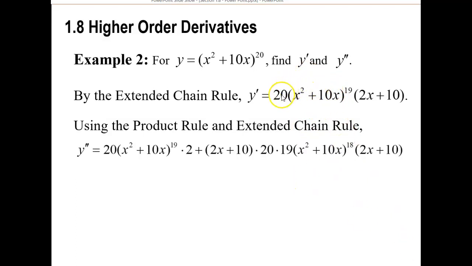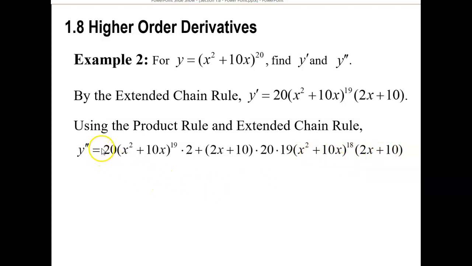So our first function, 20 times x squared plus 10x to the 19th, we leave that like it is, times the derivative of the second function, which is 2, plus the second function, 2x plus 10, times the derivative of the first. So we're going to leave the 20 in front as the constant, bring down the 19, leave x squared plus 10x, make that the 18th power, and then the inside function's derivative again is the 2x plus 10.